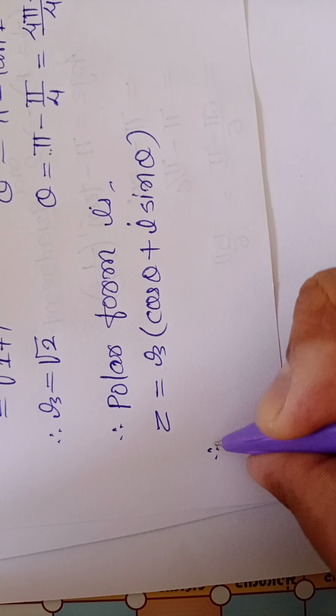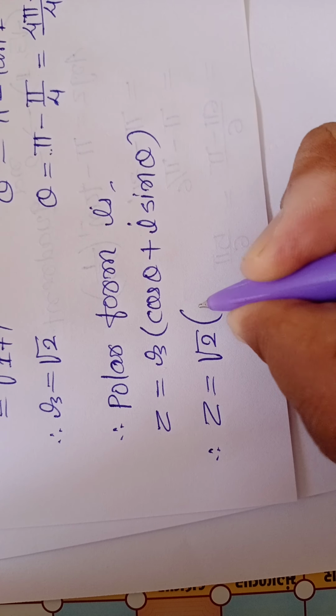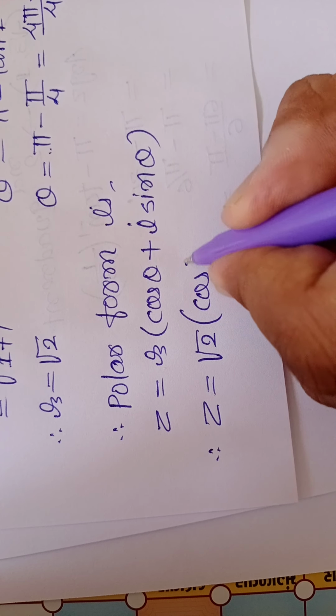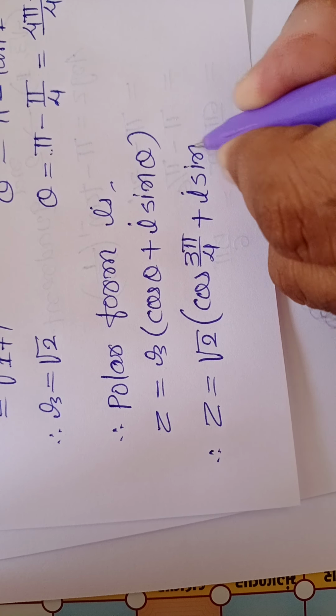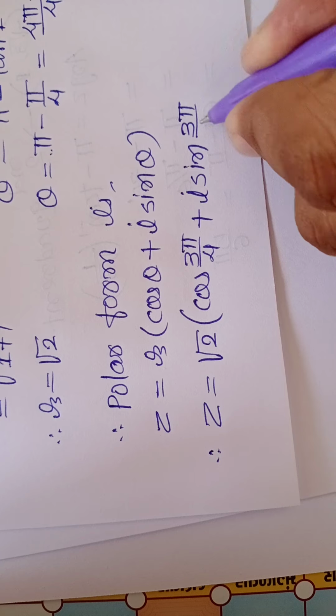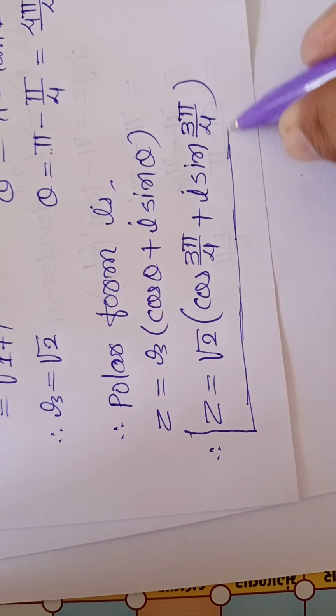So this z is equal to root 2 into bracket cos 3 pi by 4 plus i sin 3 pi by 4. Right? This is the polar form of the complex number.